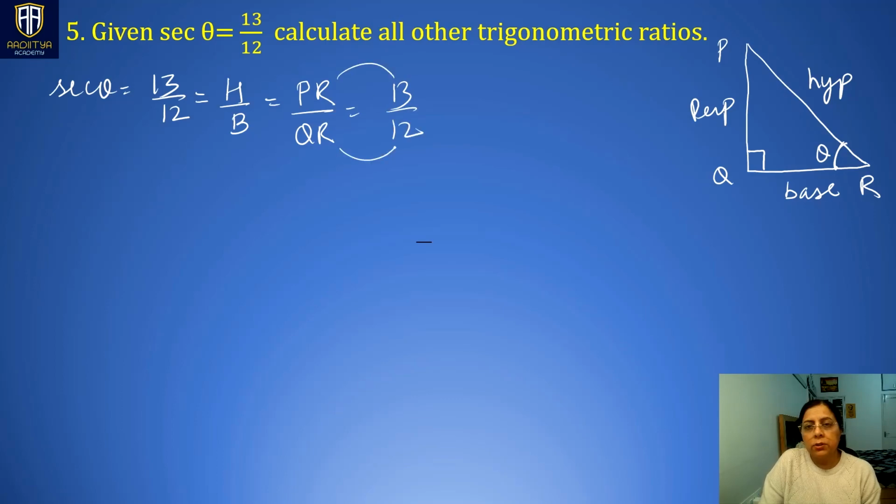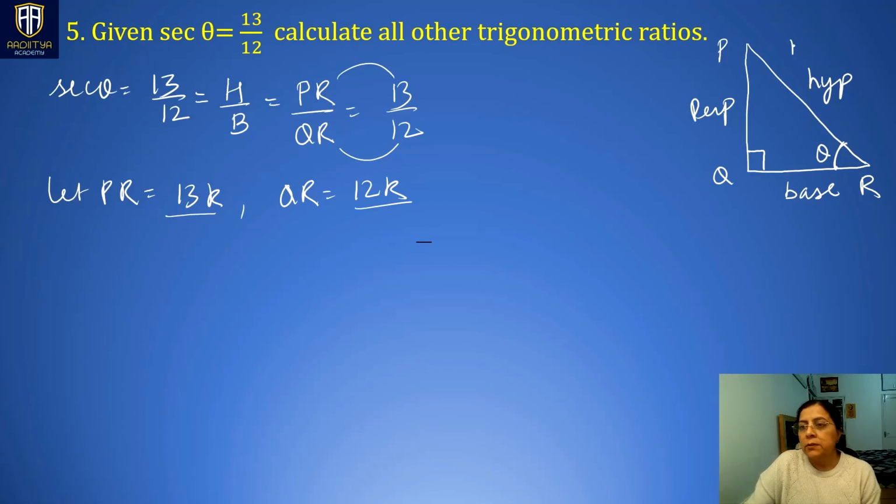If these are the ratios, let PR be 13K and let QR be 12K. Let these be the exact measurements of these two sides.